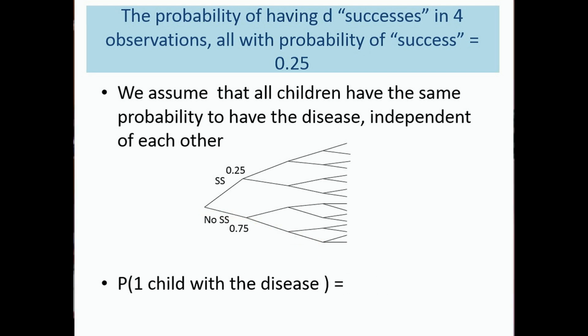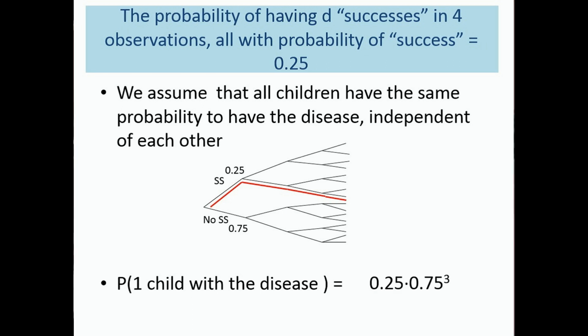If you want to know the probability that exactly one child has the disease and the other 3 have not, then several things can happen. The first child can have the disease, but the other 3 are not diseased. The probability that this will happen is 0.25 times 0.75 to the power 3. But this is not the only branch that will lead to the outcome exactly one child diseased.